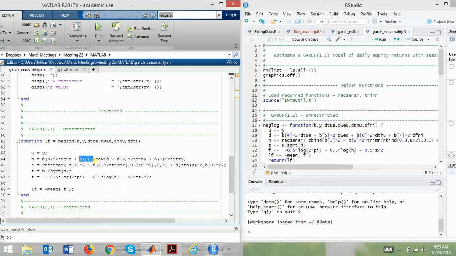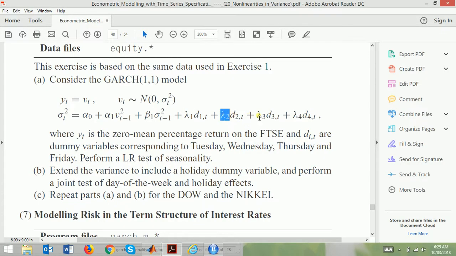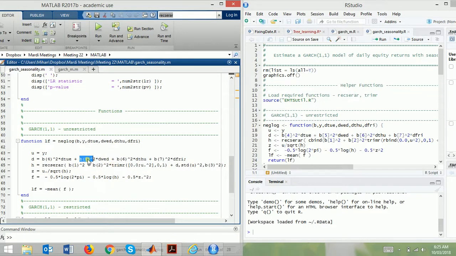Then obviously we are talking about variances, so these parameters are being squared, and multiplied to these four days, to see which day we have an effect.